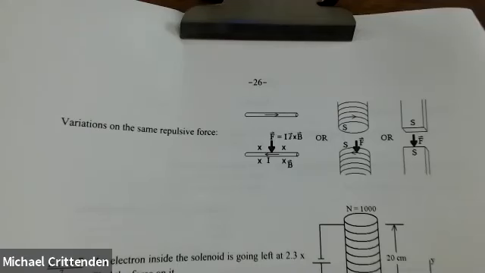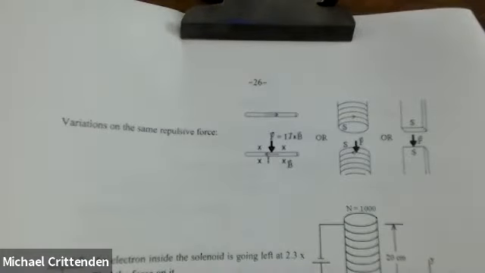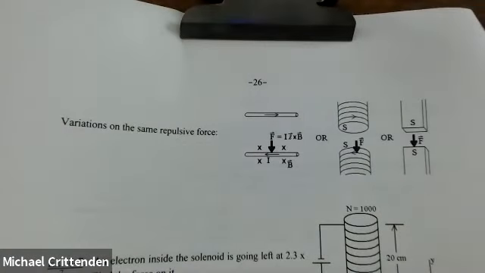Top of the next page. I slipped this in the notes, I don't know, not too long ago, a couple of years or something like that. Because a student had a question, and I figured, well, you know, maybe I should explain that to everybody. So this is just variations on the same thing that problem number 6 illustrated.